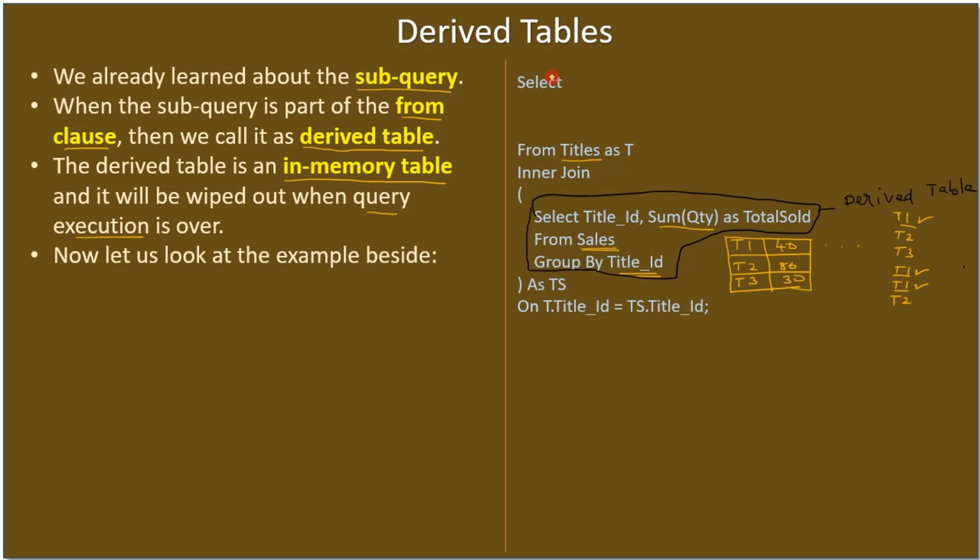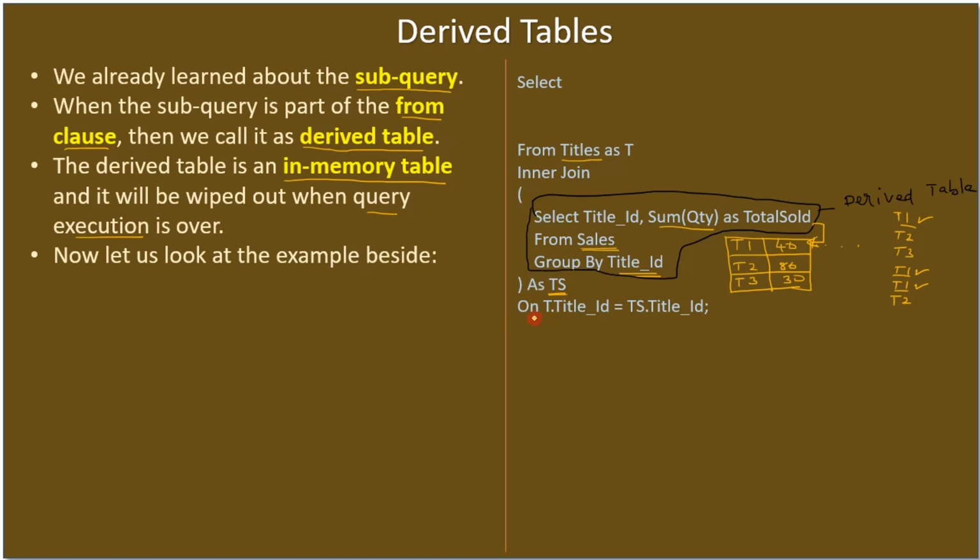So now we have the outer table ready. The outer table is titles, and that is joining with the aggregate query. Once the aggregate result is retrieved, that will go and sit in memory, since the query execution is not over yet, right? So now let's go to the main query. Select from titles as T inner join the derived table, and we are setting an alias name for our derived table, TS.